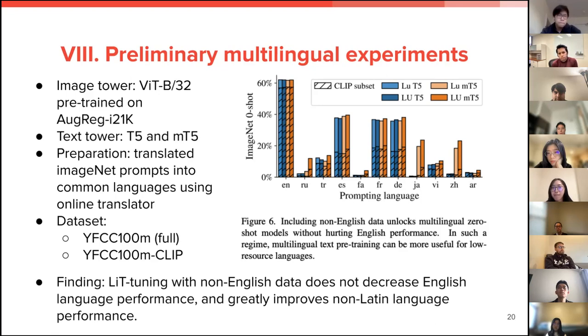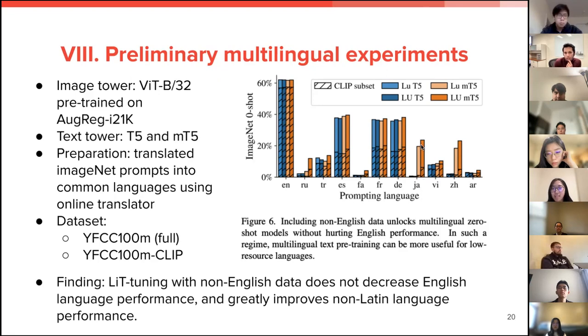So let me try to interpret some of this graph, and you can tell me if my interpretation is right. Taking a non-Latin language, let's take Japanese. Using the T5 model without multilingual, you're basically near zero, but with multilingual, you're at 20% with the full data. And the shaded portion is just saying that using a smaller subset, I would have gotten similar boosts.